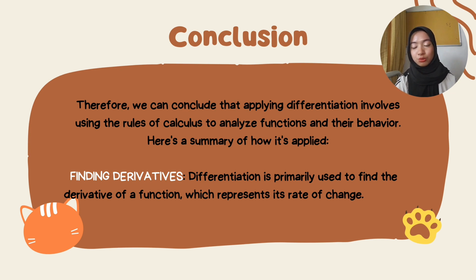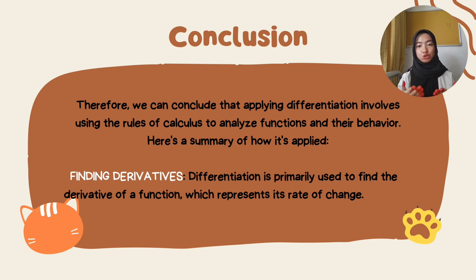From this whole video, we conclude that applying differentiation involves using the rules of calculus to analyze functions and their behavior. Here's a summary of how it's applied. Firstly, finding derivatives.